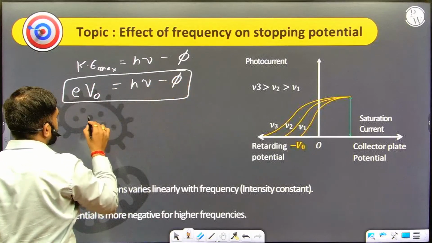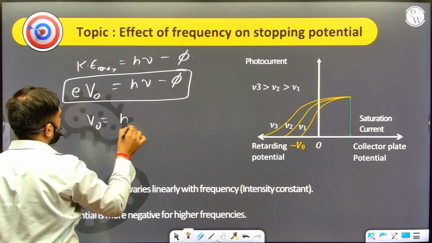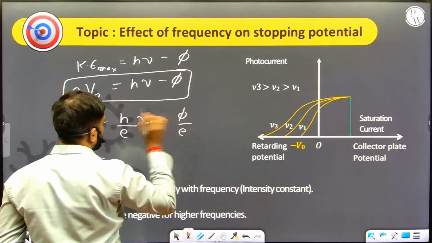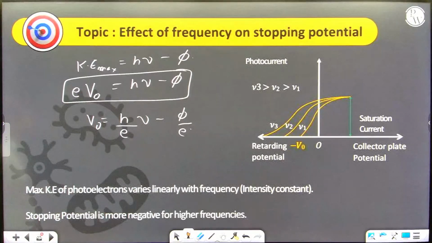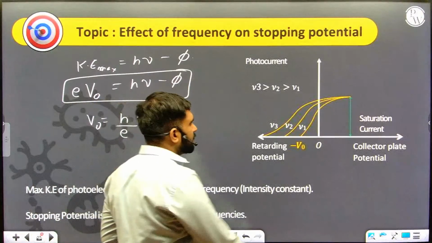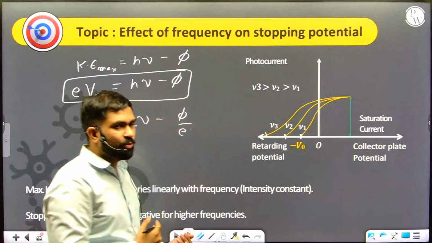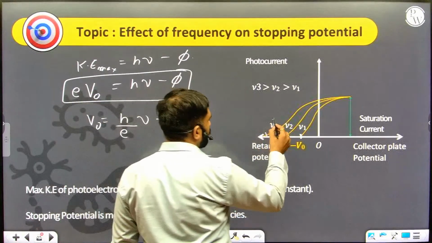And if I rearrange it, V0 will be equal to h by e into nu minus phi by e. So here what you can see is stopping potential depends upon the frequency. Magnitude wise, here I am writing the magnitude, so you can easily tell which magnitude is more. This side the magnitude is more, so which frequency is going to be more? Nu 3.